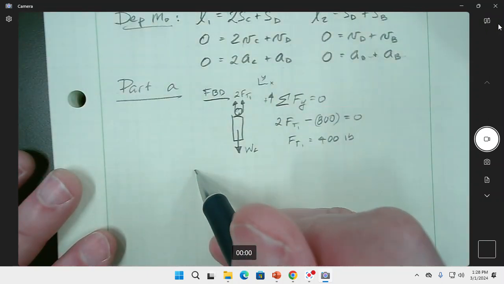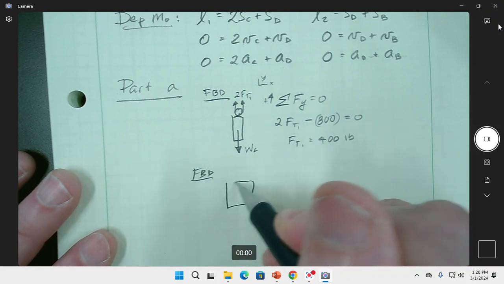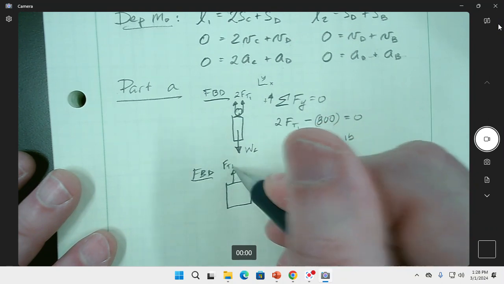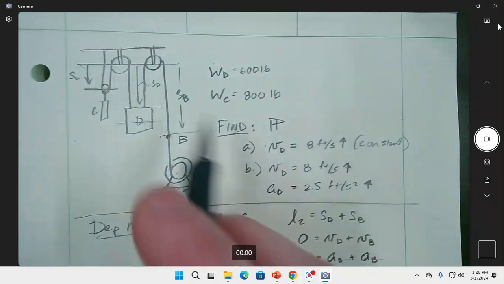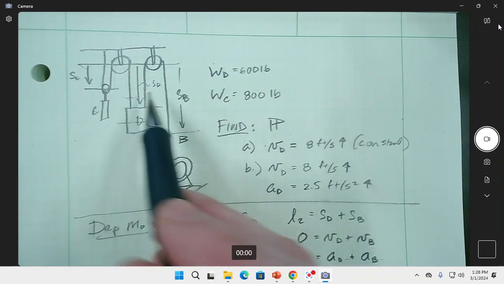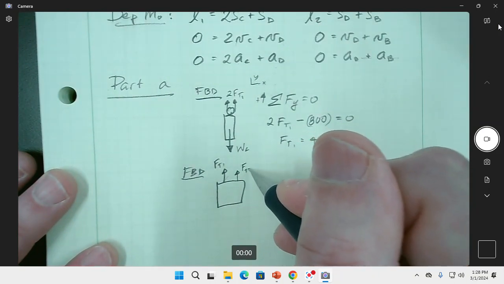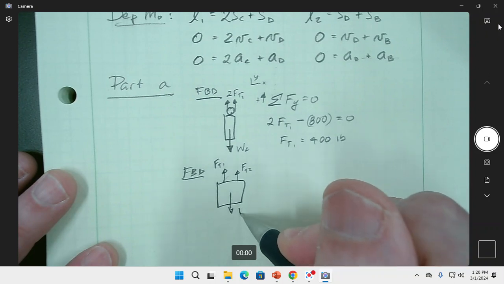And then go to the FBD of the other piece. So we have FT1. Here we're going to have FT2, right? Because it's both off, one there and one there. Weight of the dumbwaiter.